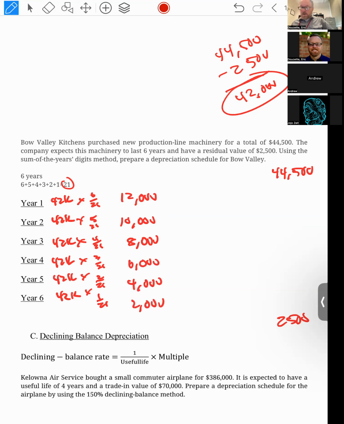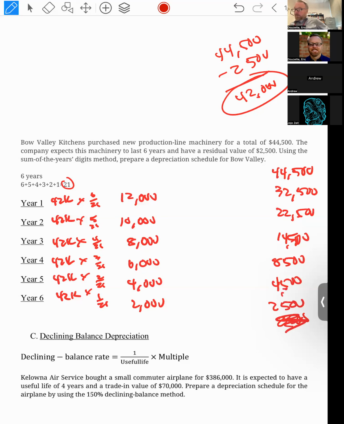And if you do the math on all these, you get 32,500, 22,500, 14,500, 8,500, 4,500, and then 2,500 at the end. So that was how it all broke down once I deducted each of these from the total. So that's sum of the years.